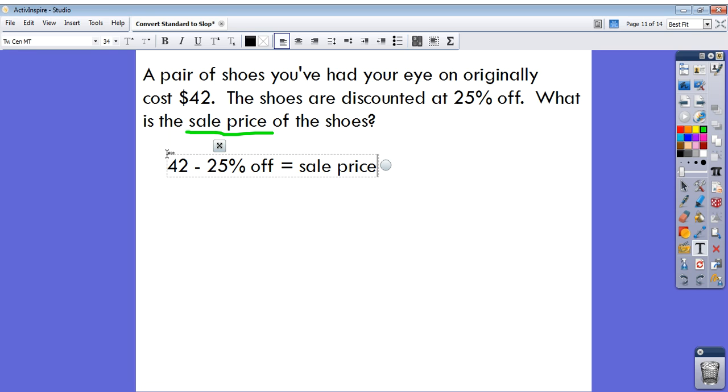But before we can find the sale price, we need to figure out what 25% of 42 is. So we use the same format. To find a part of a number, we can take the whole number times the percent.